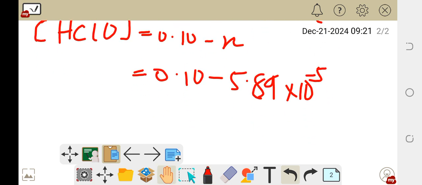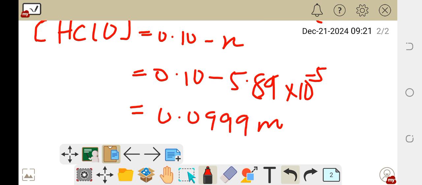So when we find this difference, 0.0999 to 4 decimal places. So we have 0.0999 mole per liter.